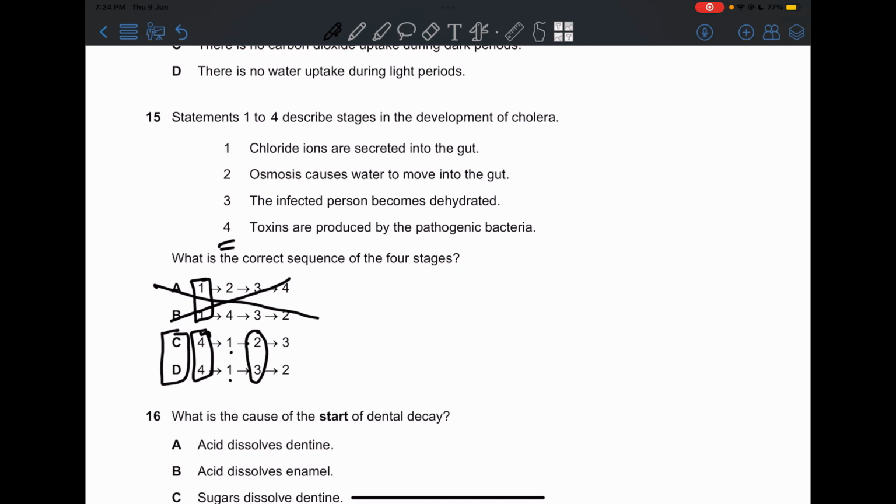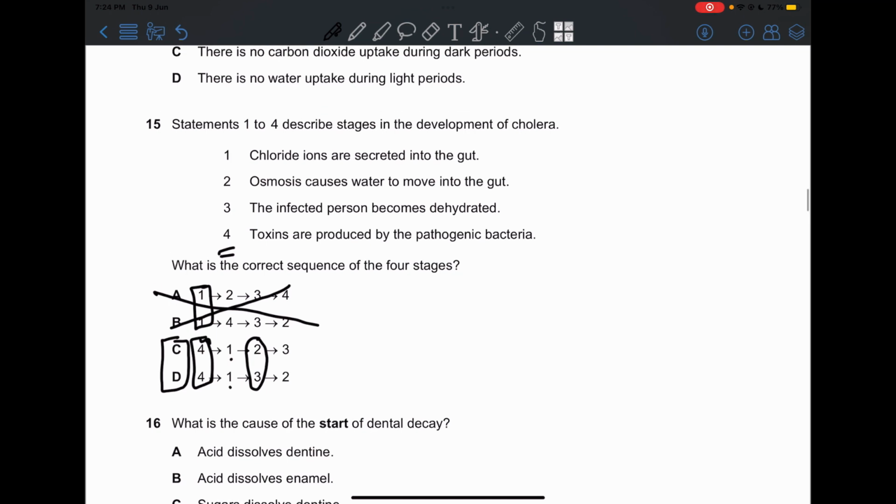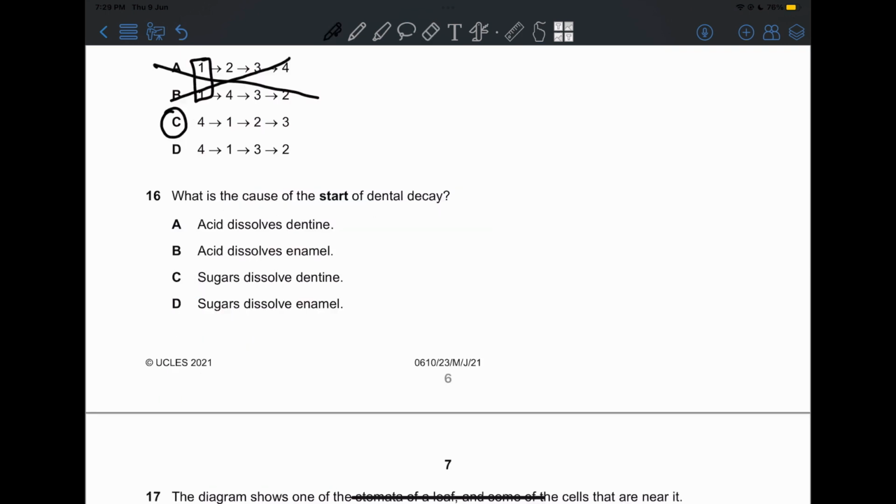Now 3 says the infected person becomes dehydrated. Now this makes sense. The osmosis has to take place first so the person can become dehydrated. Over here in D, it says the person became dehydrated and then the osmosis took place. So this is incorrect, of course. The osmosis has to take place first and then the person will be dehydrated.